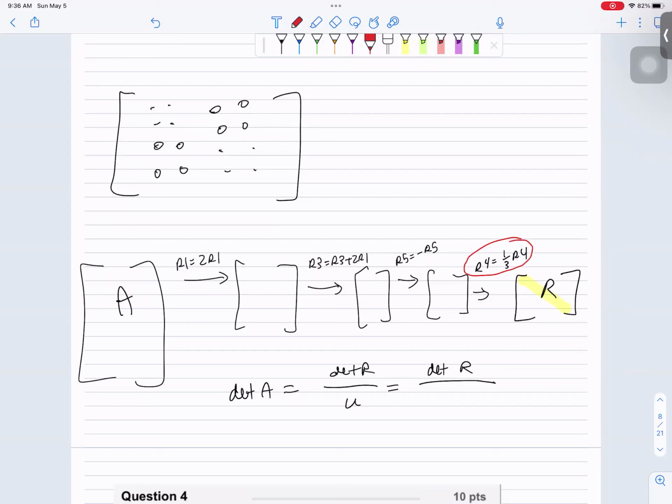Here I did a rescaling by 1/3, so I want to put 1/3 here. Here I did a flip. Flip affects the determinant by -1. Here I did a combination, which doesn't affect the determinant. And here I did a rescaling by 2, so I should put a 2 in my denominator.